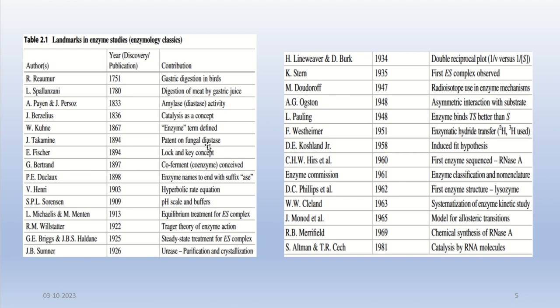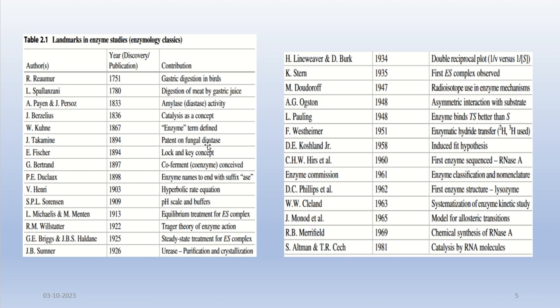Then Bertrand, coenzyme, then Duclaux, remember this scientist, 1898, enzyme names end with the suffix ASE. Then Henri, hyperbolic rate equation. Then Sorensen, who gave the 1909 pH scale and buffers. It is relevant to this, therefore I have given it here.